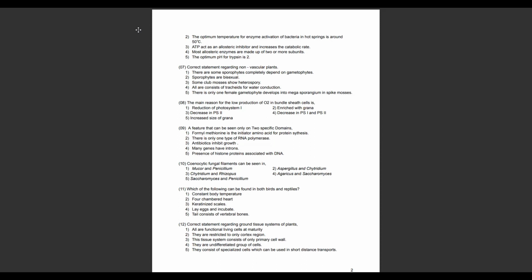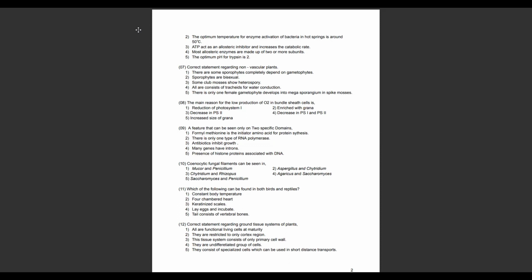Now here, in the bundle sheath, there is very low production of O2. What is the reason? Because PS2 in the bundle sheath cells is depleted. So as a result, the oxygen production is very low. So the answer should be the third answer.